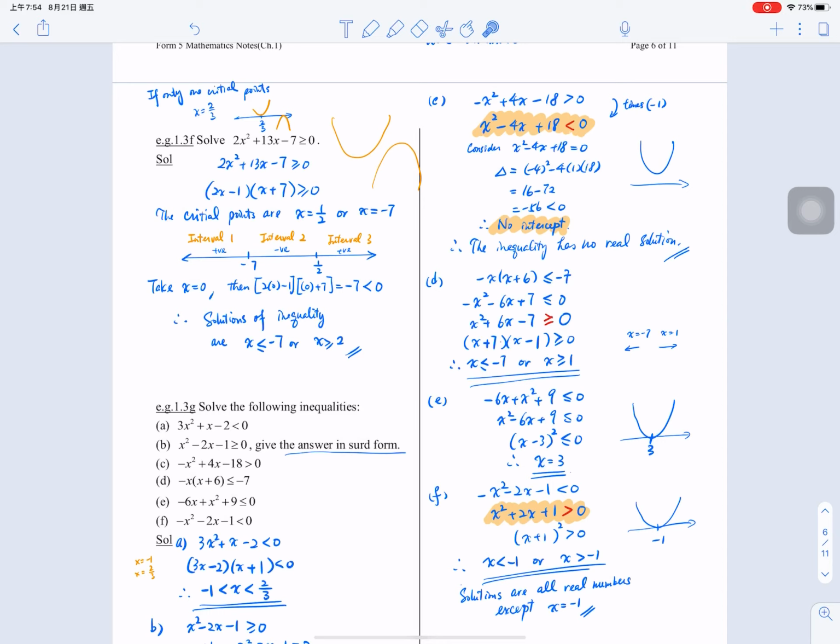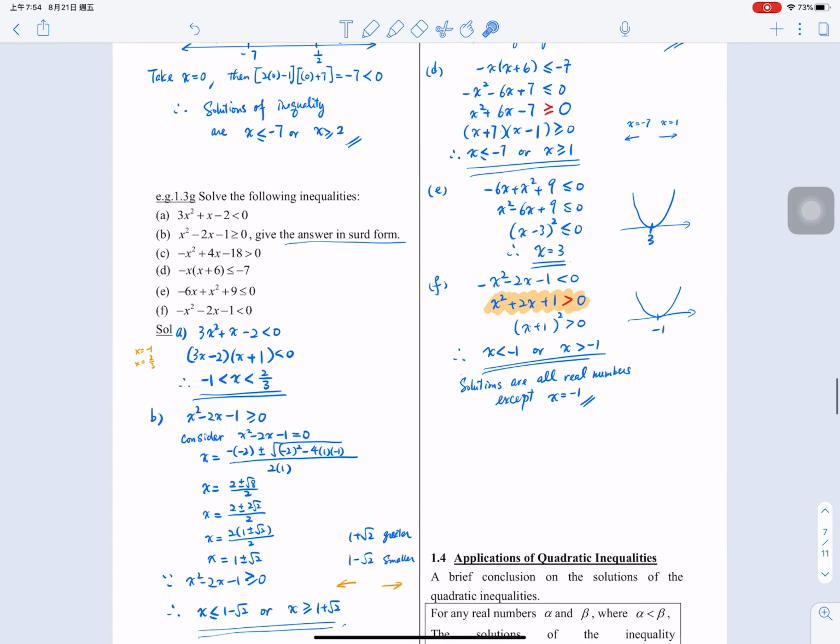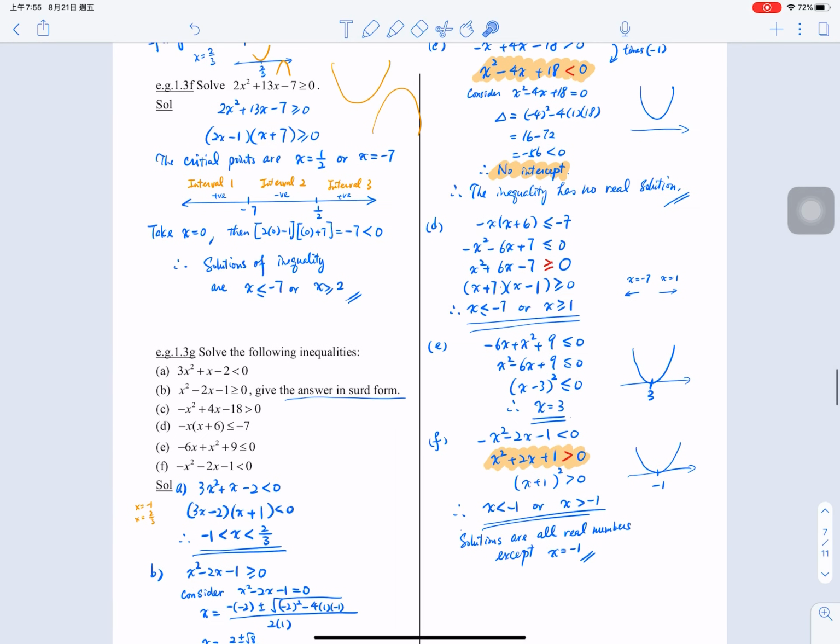So again, better for you to draw the graphs so you can see clearly and answer correctly. If you cannot factorize, remember to use the quadratic formula to find the x-intercepts. Afterward, just use the method that you know to see whether it's two sides or in between that are the solutions. Understand? Okay?